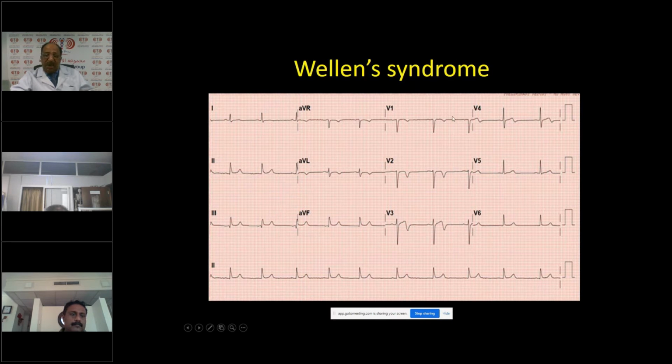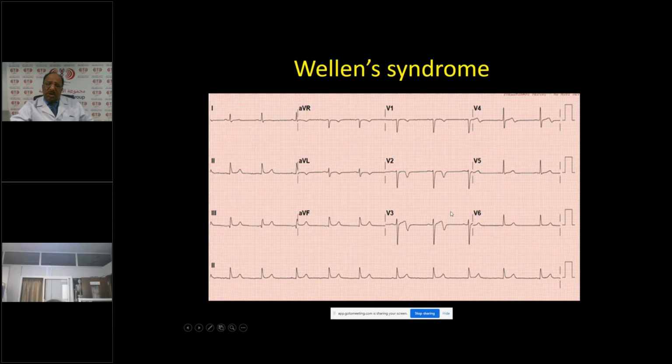They are called type A, which is biphasic, and type B, which is uniphasic symmetric T wave inversion alone. Wellen syndrome was described in 1998, I think, by de Zwaan. Actually, there is around 100% correlation with a proximal LAD occlusion.